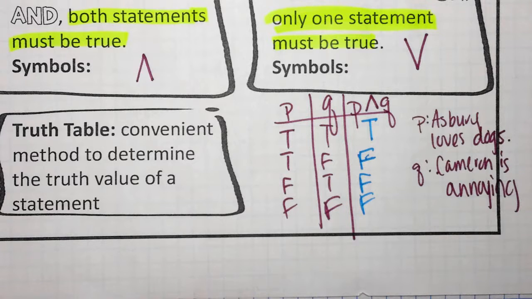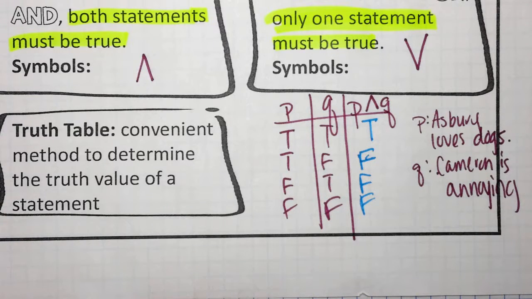Does everybody understand? If you're confused, I want you to tell me, because these are kind of weird at first. I was just told that if it's two falses, it's also true.